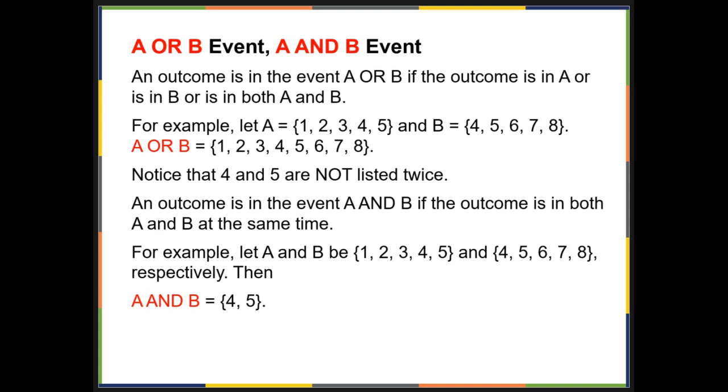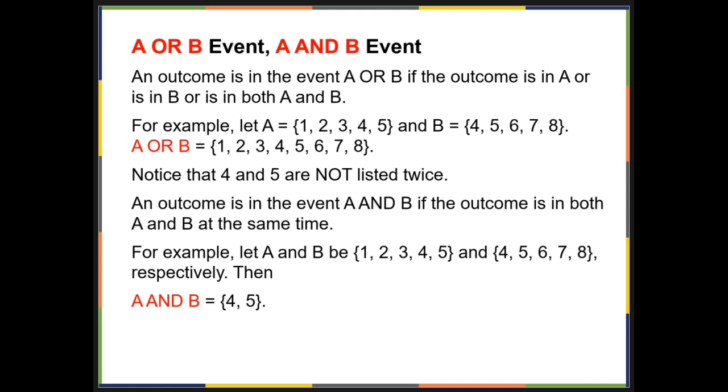So an outcome is in the event A or B if the outcome is in A or is in B or is in both A and B. So these are two different types of outcomes. For example, if we let A equal 1, 2, 3, 4, 5 and B is 4, 5, 6, 7, 8, and you want to know the A or B, then you do 1, 2, 3, 4, 5, 6, 7, 8.